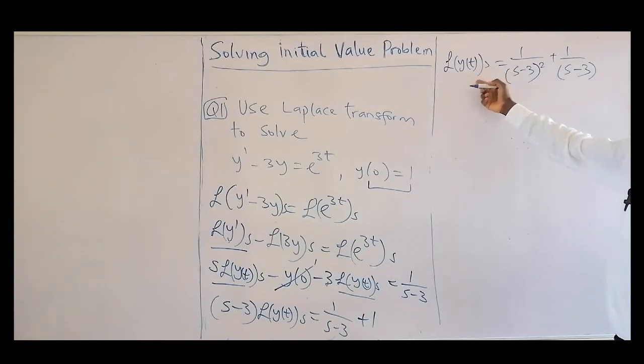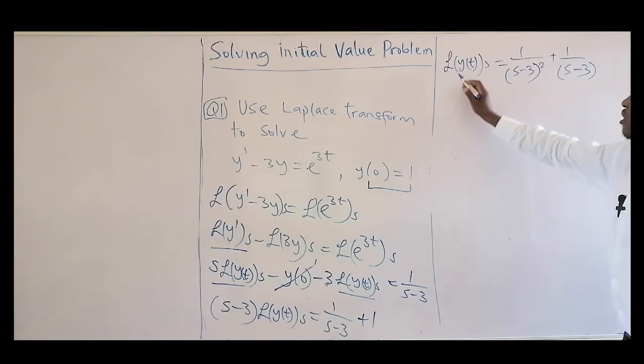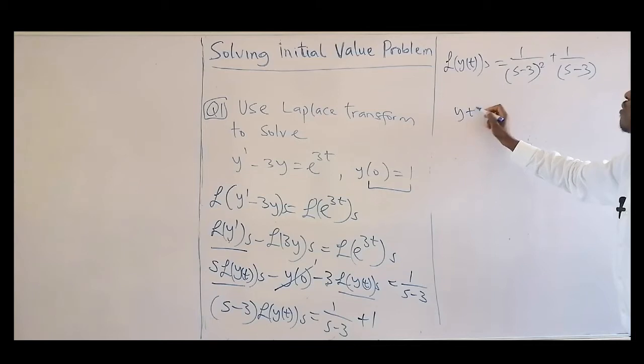Then the last thing is to get the inverse, so I can get y of t. Take the inverse Laplace of the equation. If you take the inverse Laplace of the Laplace of a function, that will give you that function.